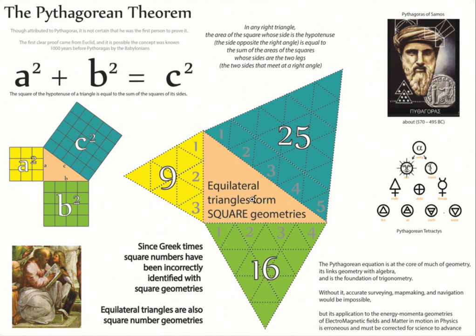Applying this to some of the basic formulations for math, we can see that in the case of Pythagorean theorem, where the sum of the sides squared equals the square of the hypotenuse, which have been drawn with square geometries, i.e. the first two sides squared equals the third side squared, or the hypotenuse.